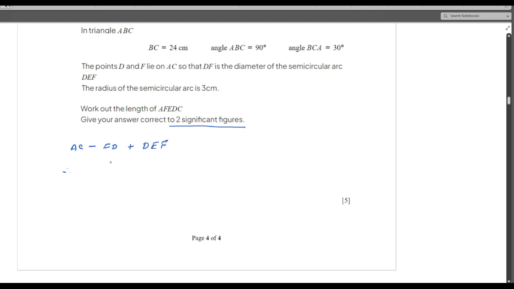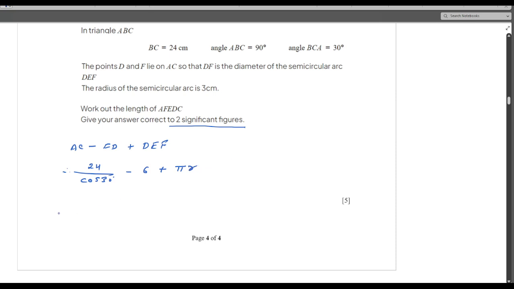So AC is 24 divided by cos 30 degree, minus FD, which is going to be 6, and plus this semicircular arc, which is, the total circumference is 2 pi r, so half of that is pi r.